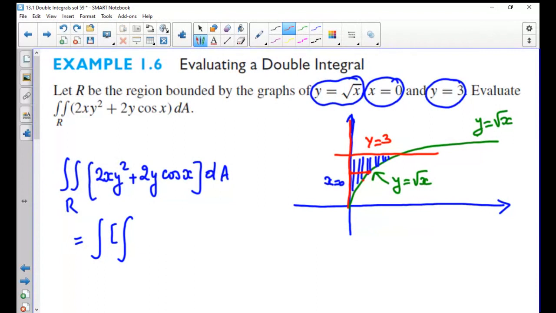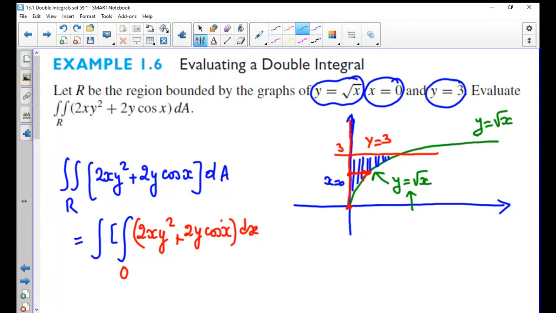If I want to do it with respect to x first, then it will go in this direction, from x equals 0 to this curve.